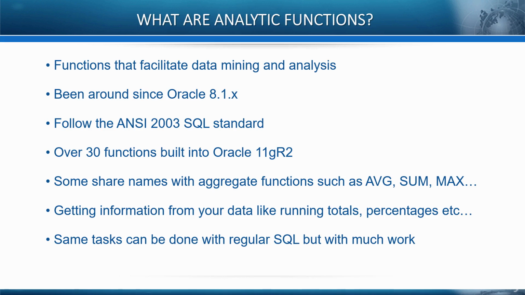In this section, we'll explore a wide array of these functions, including ranks, ratio to reports, lead lag, and many more. As you go through this course, you'll find that these functions provide you with much flexibility and an easier way to analyze data and access information from your database, such as calculating running totals or percentages, and much more.